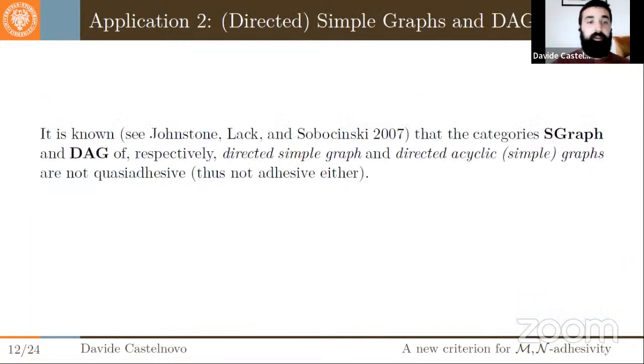So we can give other examples. For instance, take the category of simple graphs and the category of directed acyclic simple graphs. We know that these categories are not quasi-adhesive, and thus not even adhesive.